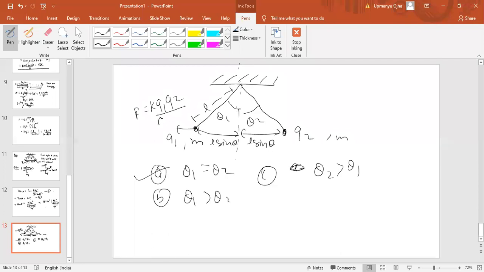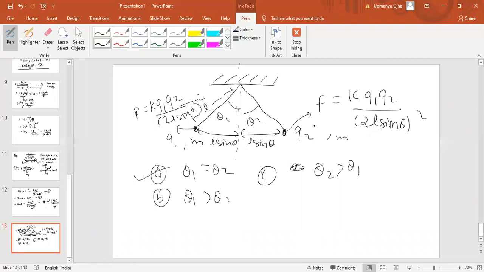So we can write this as K Q1 Q2 by 2L sine theta, whole square. That is the force acting on the left hand side bob. Similarly, the force acting on the right hand side bob is K Q1 Q2 by 2L sine theta, whole square.